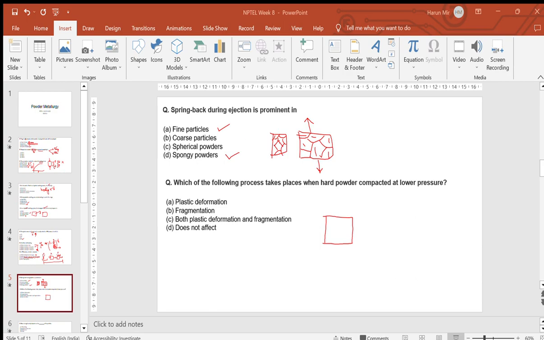The question says to compare the mass flow rate for cylindrical and rectangular molds. So we have two types of molds. One is your cylindrical mold, and one is your rectangular mold. It is something like this.